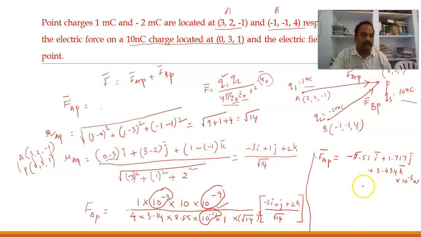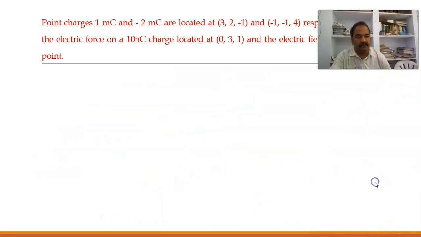So this is FAP. Now similarly, we are supposed to compute FBP. Now we will move on to the computation of the second force, which is due to point B.